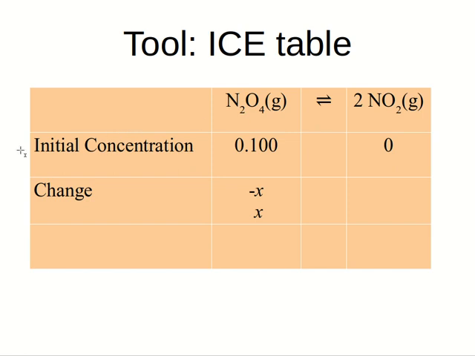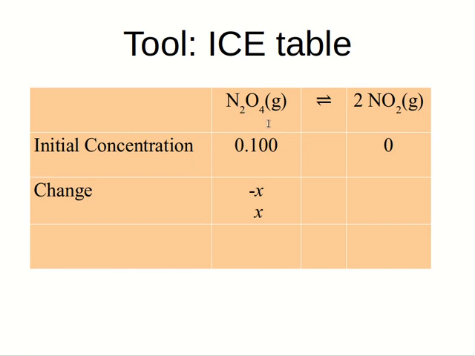The next row is the initial concentrations, and those are given in both type 1 and type 2 problems. I put in concrete numbers here, and a concrete reaction, a toy reaction really.